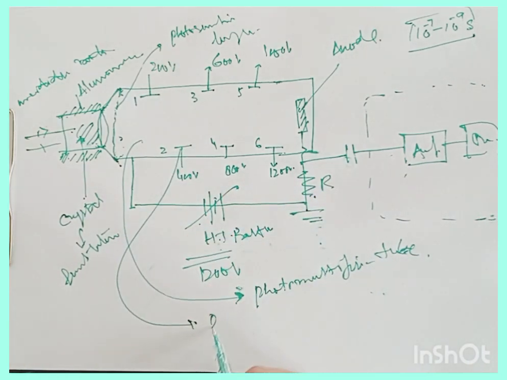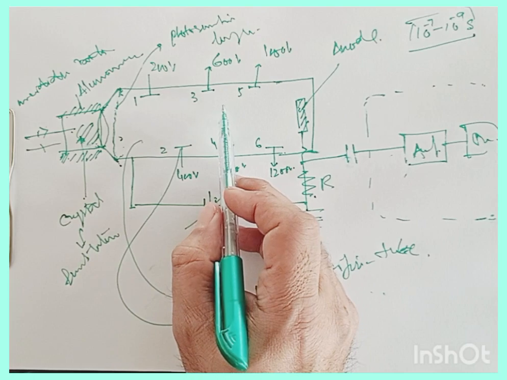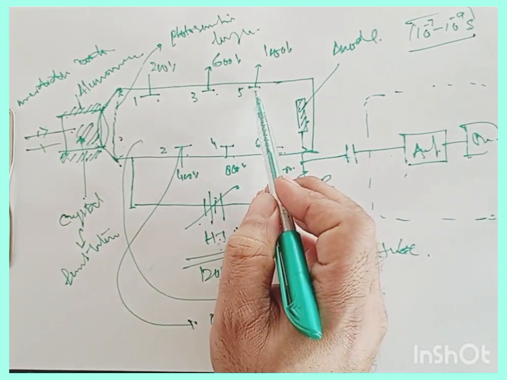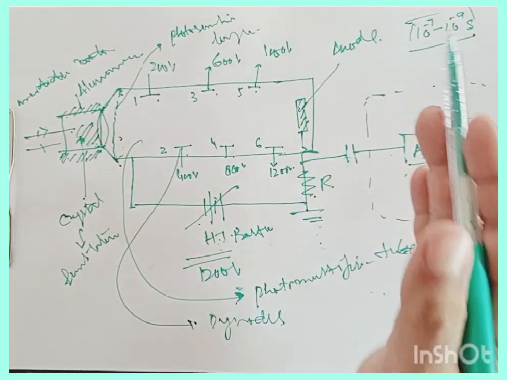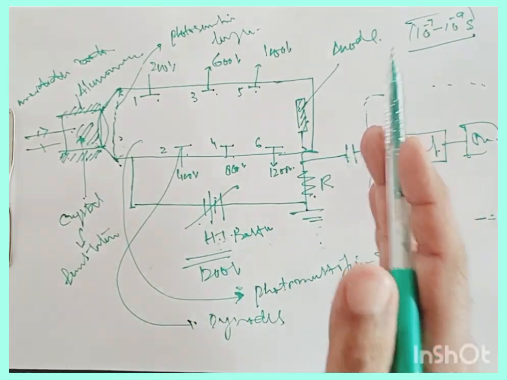We call them dynodes in a photomultiplier tube, to which we progressively apply higher potentials: 200, then 400, 600, 800, 1000. So there is enhancement of the electric potential at every dynode.